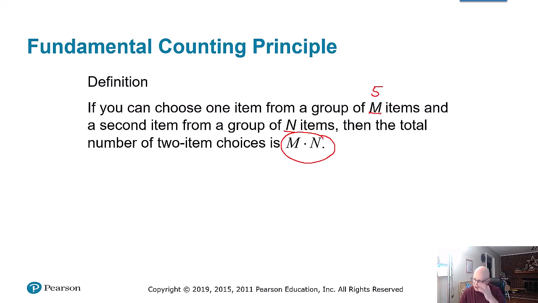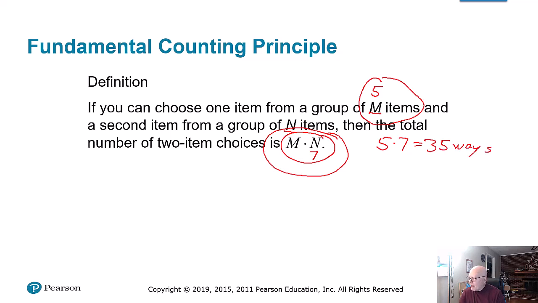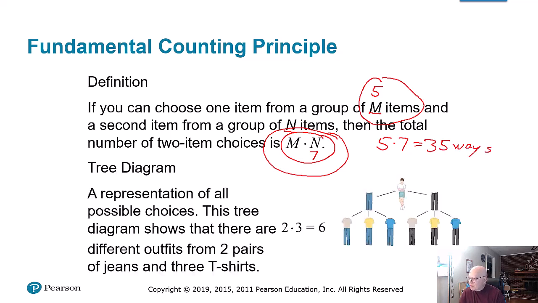So let's take a look here. Sometimes we can make a tree to represent the possible choices. So here you are. First of all, you're picking from 2 pairs of slacks. Once you've decided which of those pairs you're going to wear, pick a top. And with each of those pairs of pants, you could choose this top, or this top, or this top.